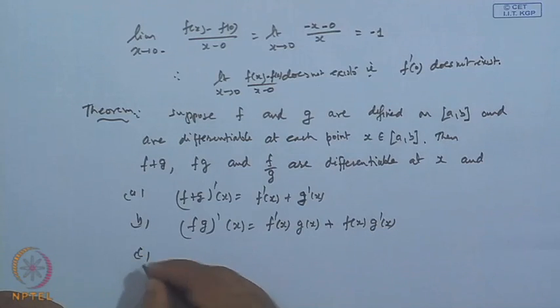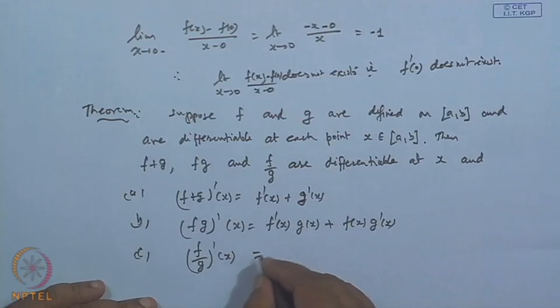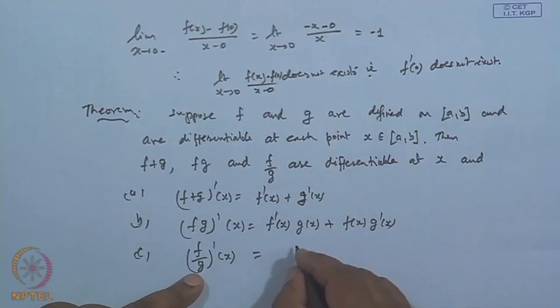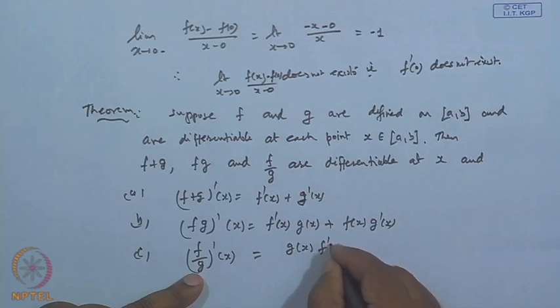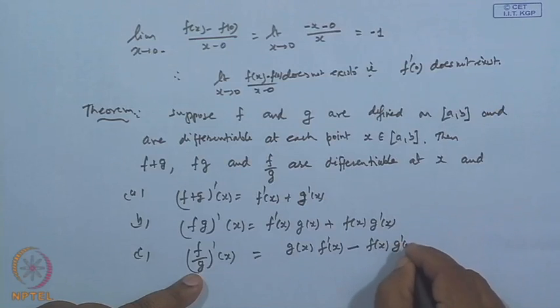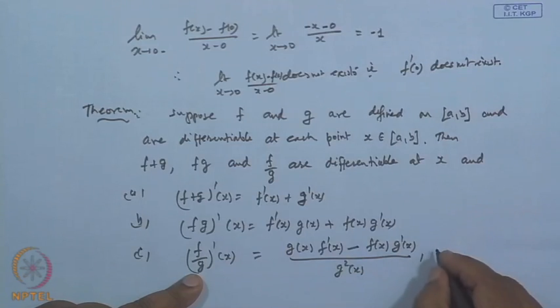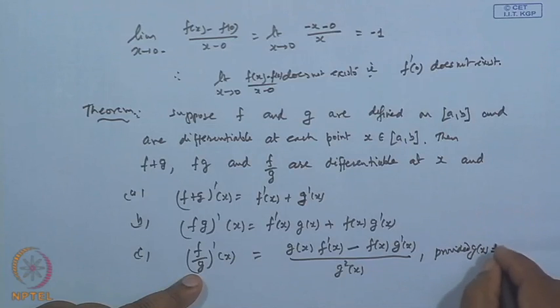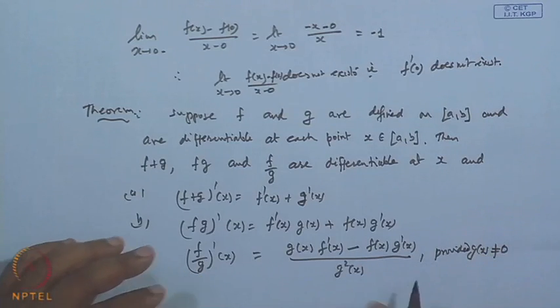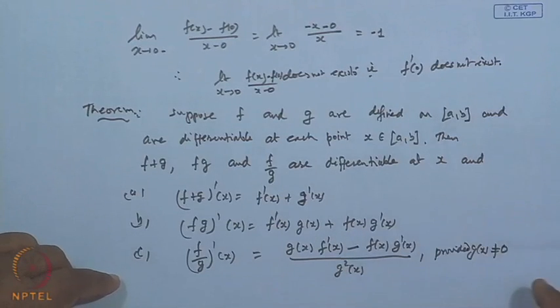Similarly, the derivative of the ratio of the two differentiable functions at a point x is the denominator g(x) into the derivative of the numerator f'(x), minus the numerator into the derivative of the denominator, divided by the square of the denominator, provided the function g is not 0 at any point where the differentiability is tested in this interval.